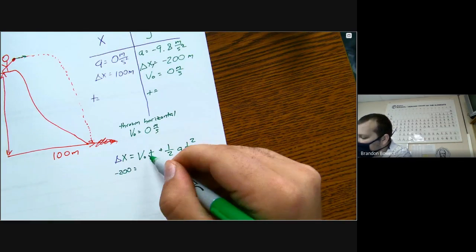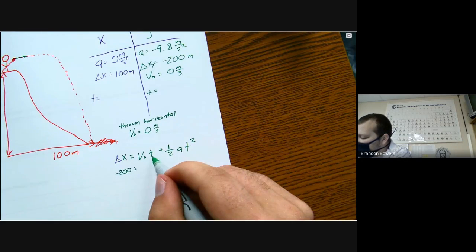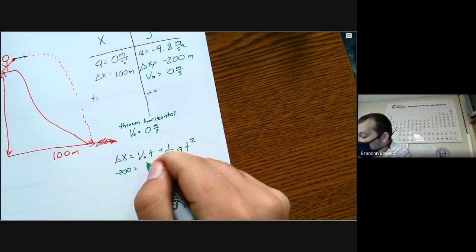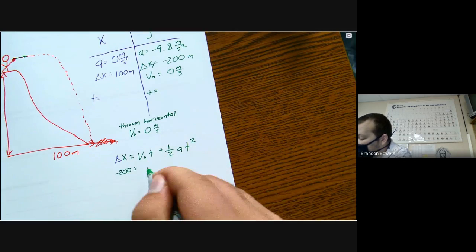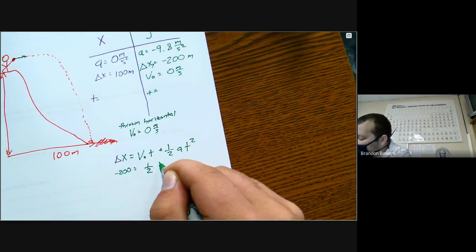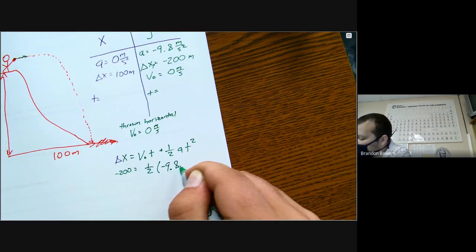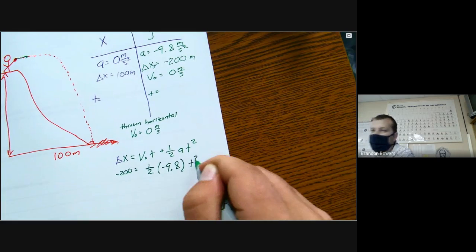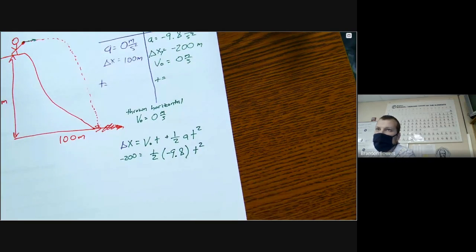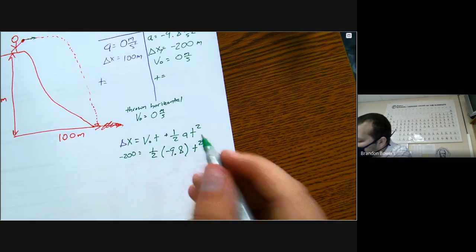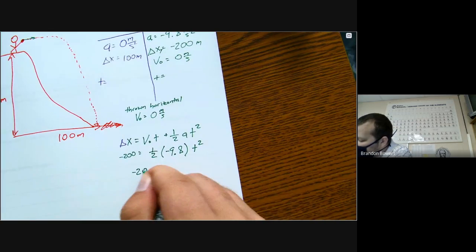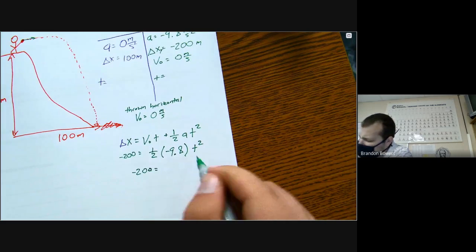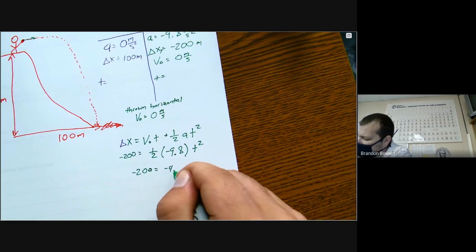Initial velocity times time is 0, right? My initial velocity is 0. So all I'm worried about is half of negative 9.8 times my time squared. Does that make sense? So negative 200 is equal to negative 4.9 t squared.